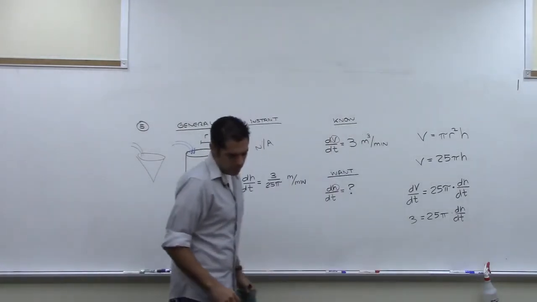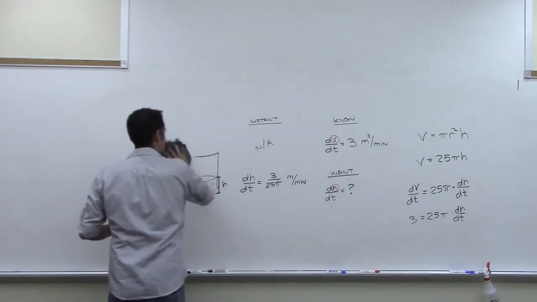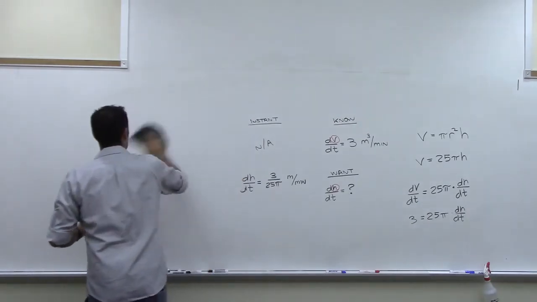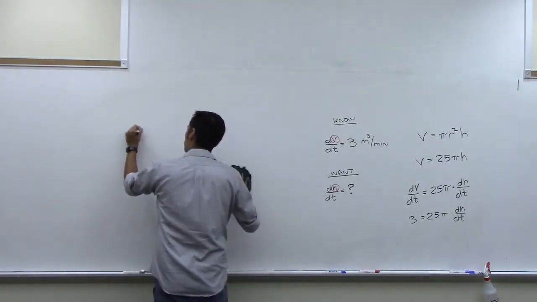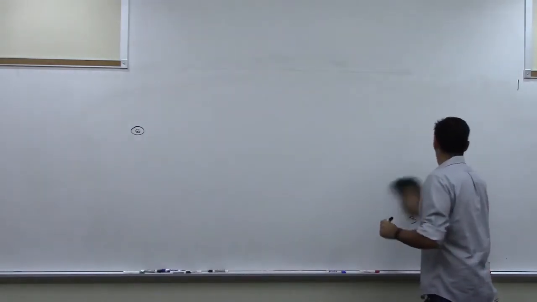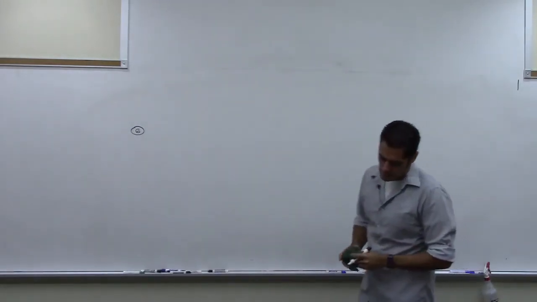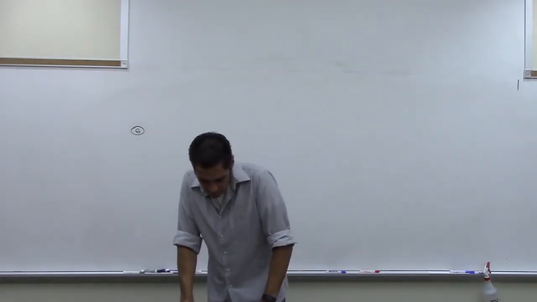All right, let's look at number 6. The radius of a sphere is increasing at a rate of 4 millimeters per second.